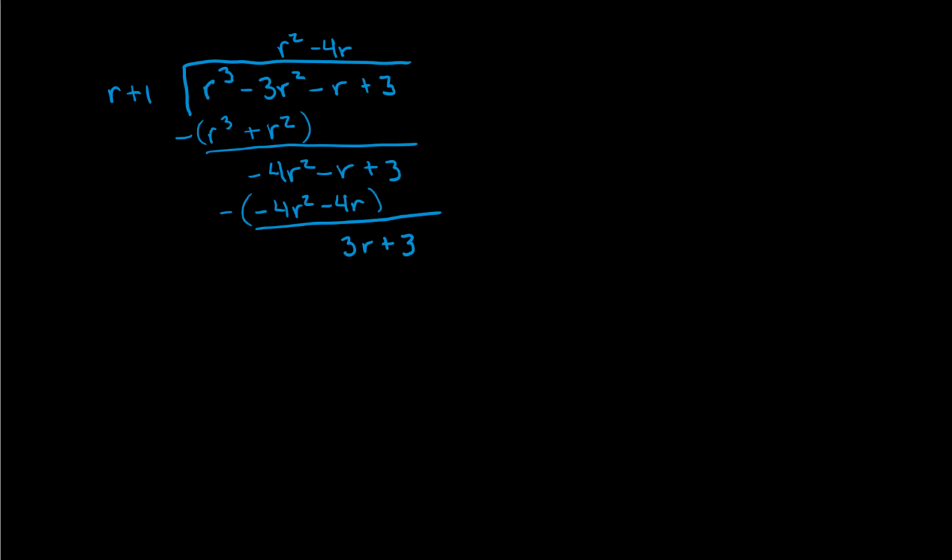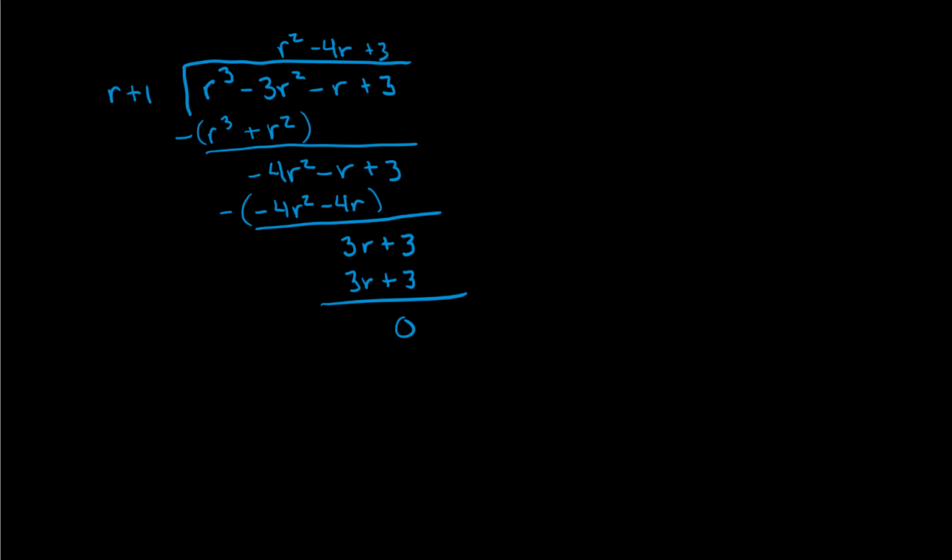All right, so we now need to identify what we could multiply r by in our divisor to make it look exactly like 3r. Well, that would be a plus 3. And we're going to then have 3r plus 3. And when that subtracts off, we end up with 0. If you end up with 0, that means there's no remainder, which is good news.